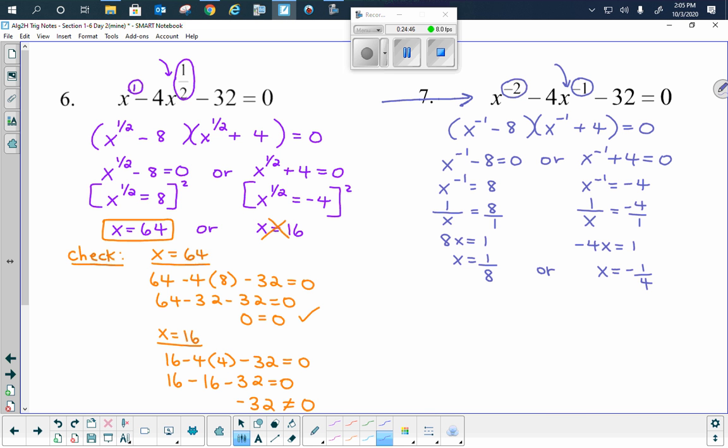So really you just need to make sure that your denominators aren't 0. Well, if x were in the denominator, such as it is in this step, x just can't be 0. Okay, so we're going to be fine with our two answers here that we got, and therefore we're going to be able to say that x equals 1/8 or -1/4.